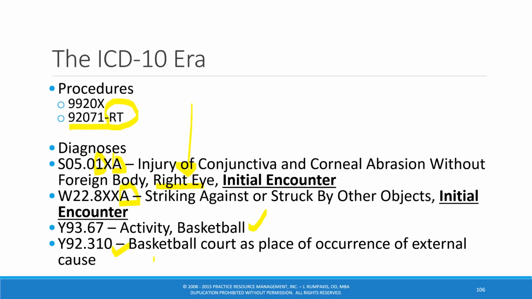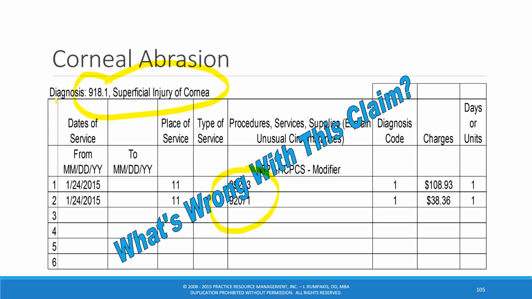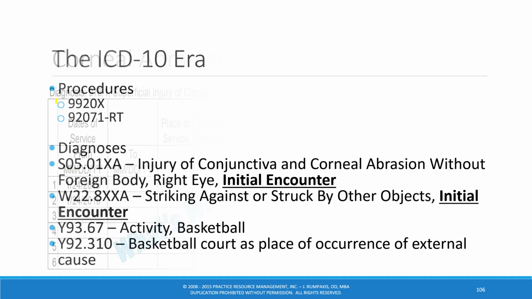Place of injury, basketball court as place of occurrence of external cause. All right? So those would be the 4 ICD-10 codes that I would use as compared to a single diagnosis that I would use in the ICD-9. So again, type of injury, cause of injury, activity, and place.